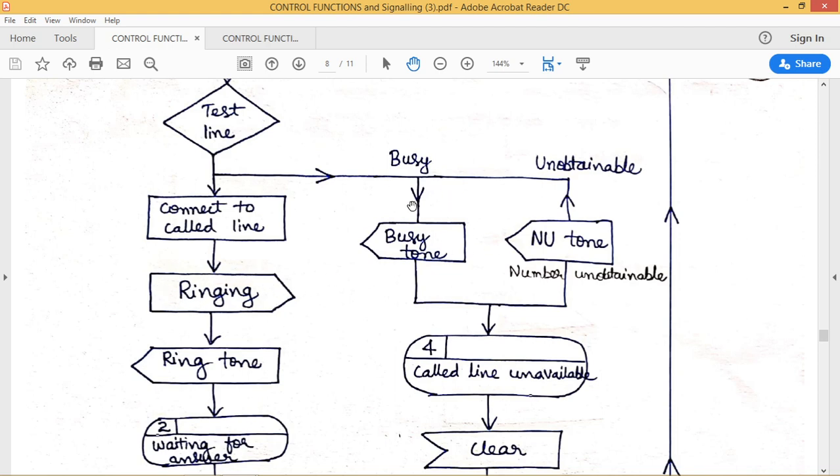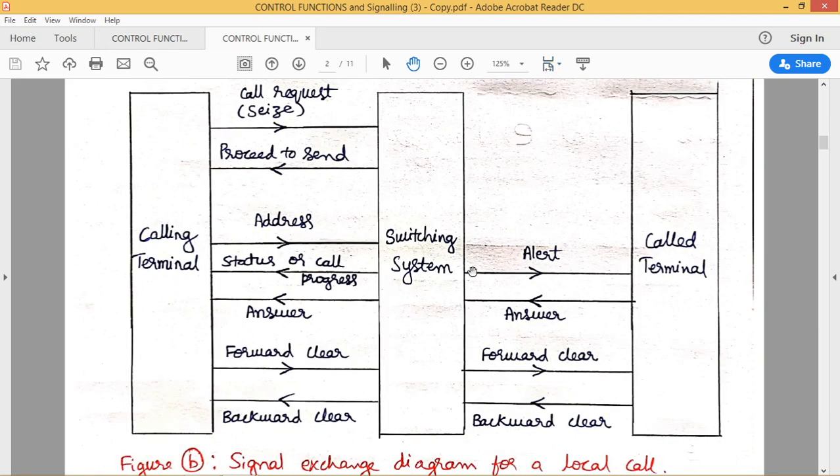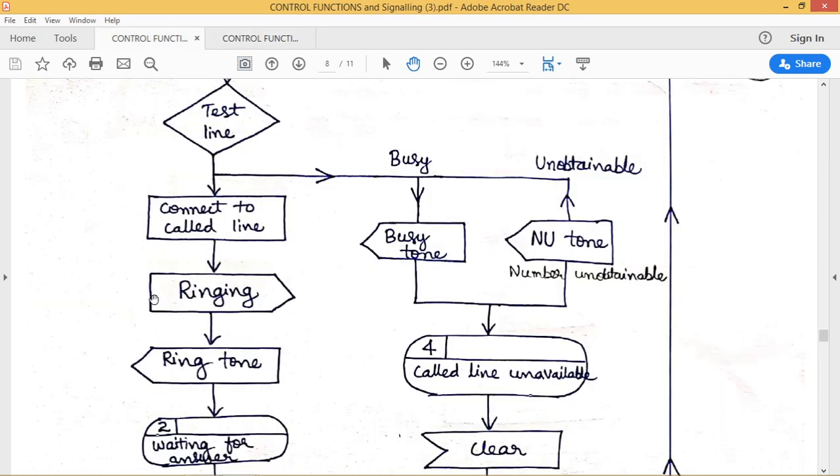Alert signal from the exchange to the called person. As we have seen here, alert signal is sent once address is received, and if this person is free, an alert signal will be sent to the called terminal. So in the same way, alert in the sense of ringing signal will be sent. So that is what forward signal is, to the called person.